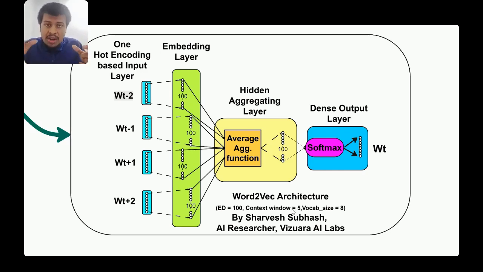With respect to the formula, where the context window was m, that showed how many words after the target word and how many words before the target word we are taking in.